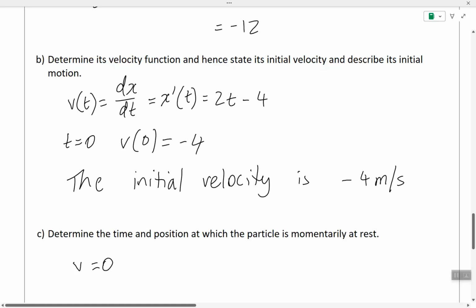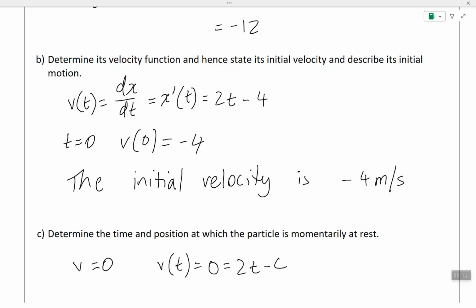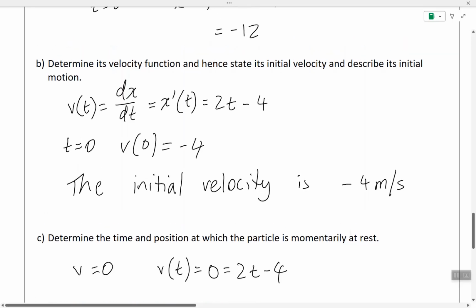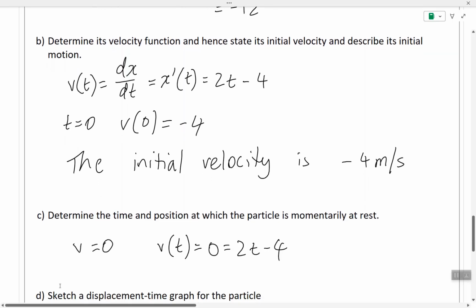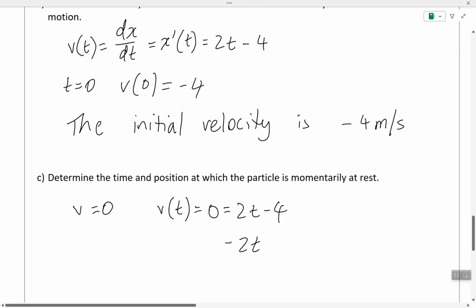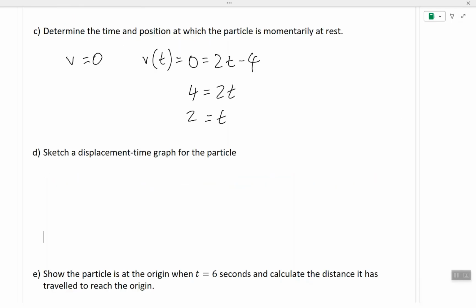So we're trying to figure out at what time does the velocity equal 0. Using our algebra skills, 2t equals positive 4, t equals 2. So at 2 seconds, the particle has stopped moving. It's at rest.